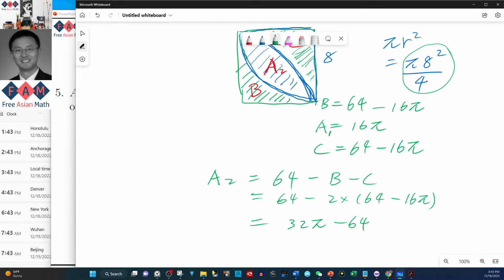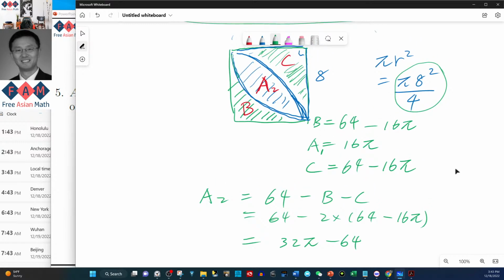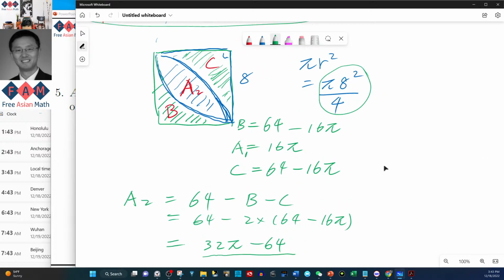So the area that we really want is this number. But how did we get there? Essentially, we are just trying to see that this C and this B can both be considered as a total area minus something. Let's use a different set of letters for that.